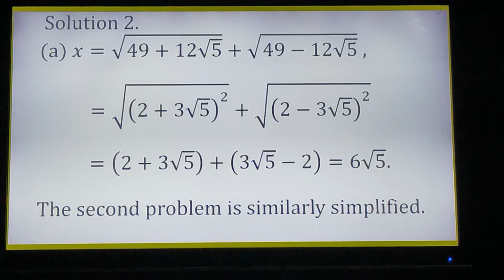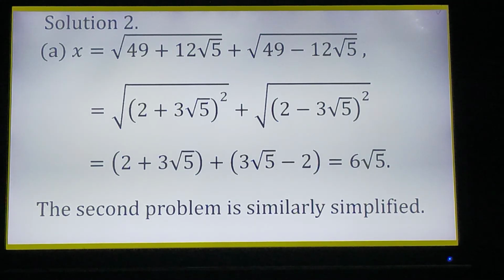And so again, we use 3 times the square root of 5 minus 2 instead of 2 minus 3 square root of 5, since 2 minus 3 square root of 5 is negative. So therefore, adding these two results, we have 6 times the square root of 5, which confirms our first result.